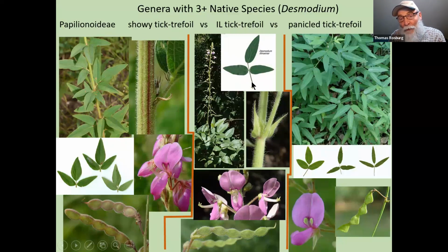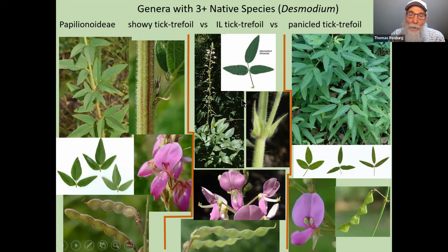In fact, it's longer than the petiolule of the terminal leaflet. This petiole, which is the stem of the entire leaf, is longer than the leaflet stem, which is called the petiolule, that we see right in here. That's not the case over here. The petiolules of the terminal leaflet are longer than the petioles.